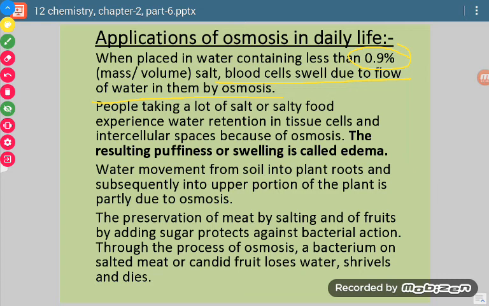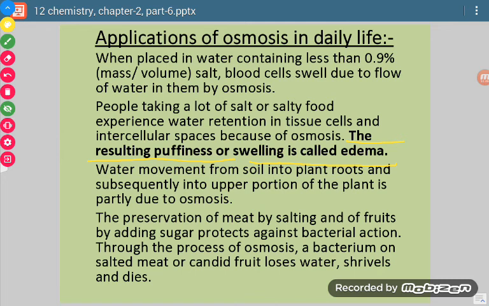Now for people taking a lot of salt or salty food, in case we take a lot of salt, then there is water retention in tissue cells and intercellular space. What does it mean? It means that if we are taking more salt, then water is retained inside tissue cells because of osmosis. It results in puffiness or swelling, and this is called edema.